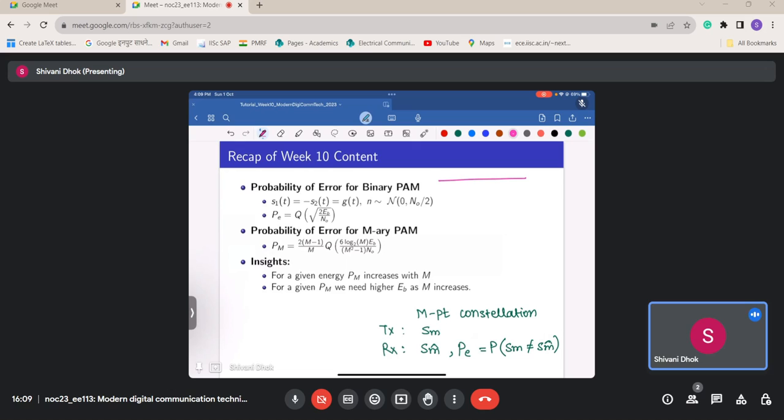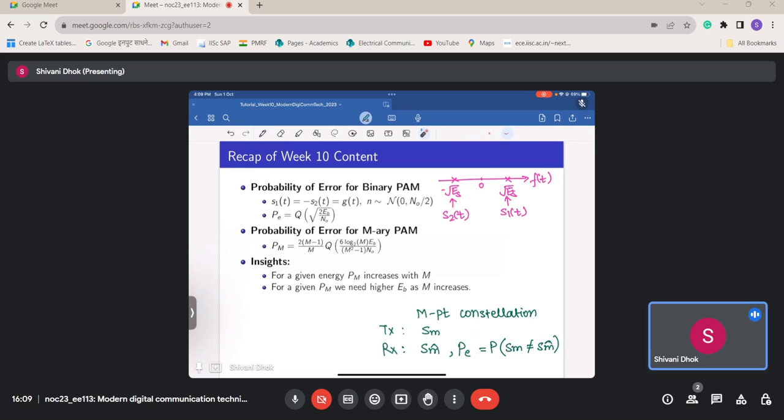This is 0, and pulse amplitude modulation is a one-dimensional signal, so I can write the basis as f(t). This is minus root E_s and this is root E_s, so this is my s1(t) and this corresponds to s2(t).